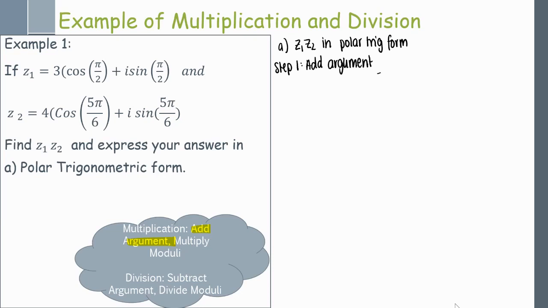The argument of z1 is pi on 2, and the argument of z2 is 5 pi on 6. So if we add these together, we get pi on 2 plus 5 pi on 6.